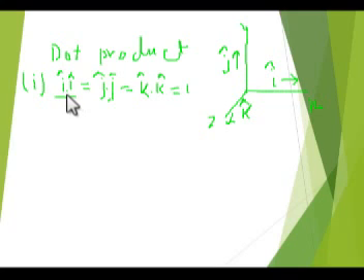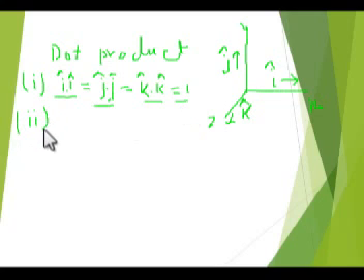So cosine of 0 is 1, and the magnitude is also 1, so it will be 1. You will have to remember this.